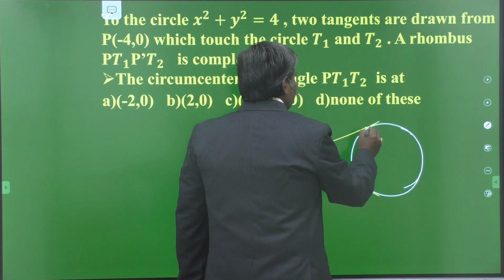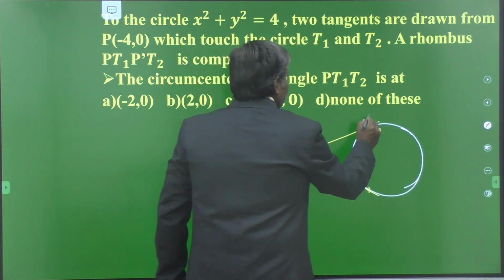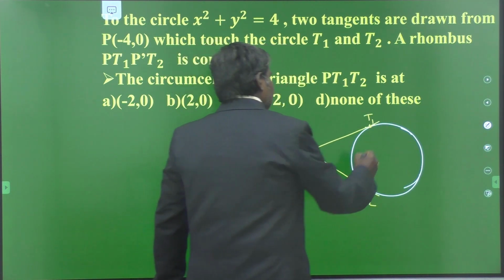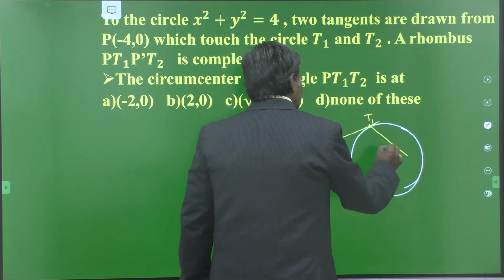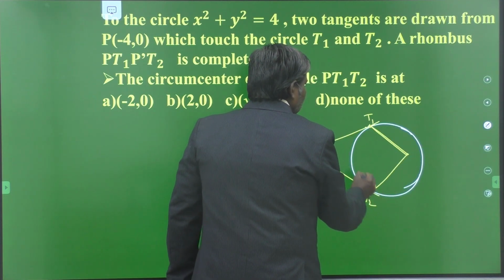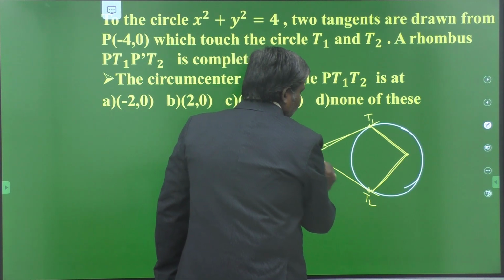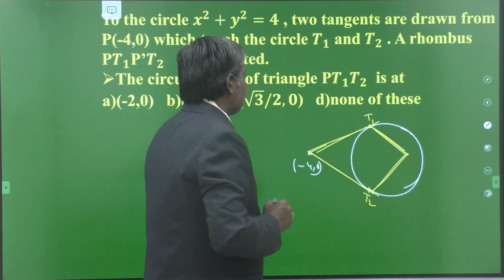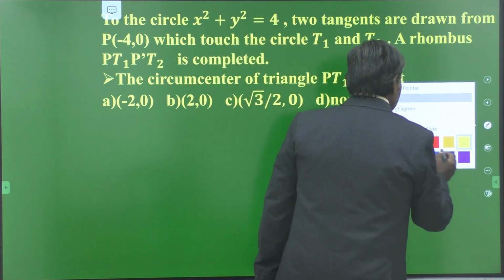These are the points of contact. They touch the circle at T1 and T2. They are given to you. With the help of these two lines, draw a line parallel to this one. Draw one more line parallel to this one. These two are parallel. These two are also parallel. From that, the rhombus is completed, to get the shape of the rhombus.